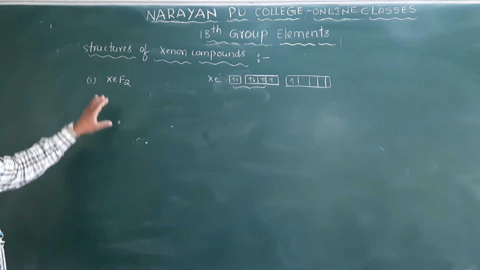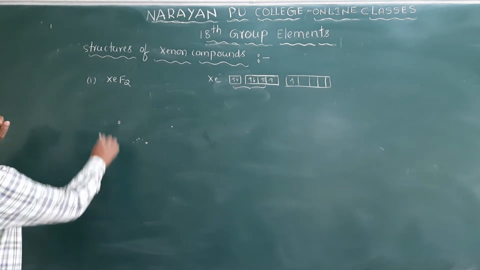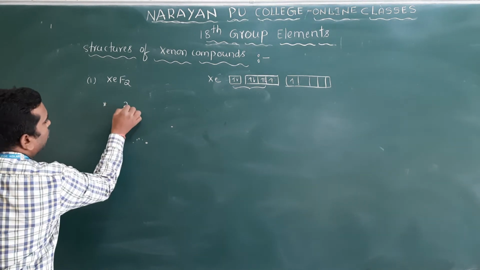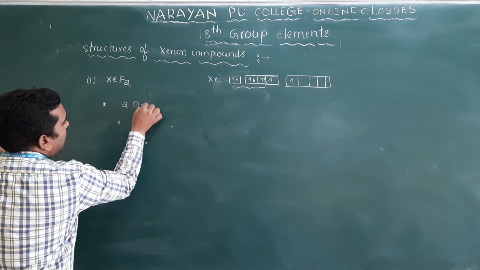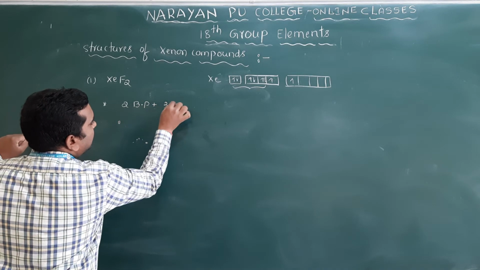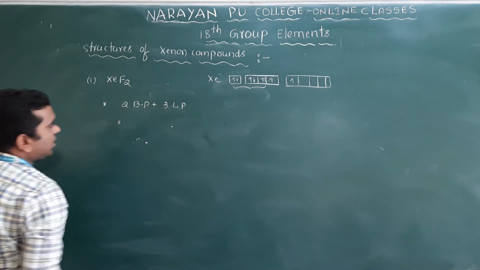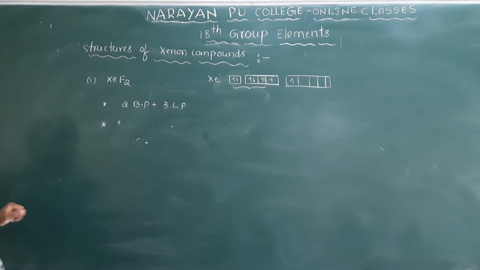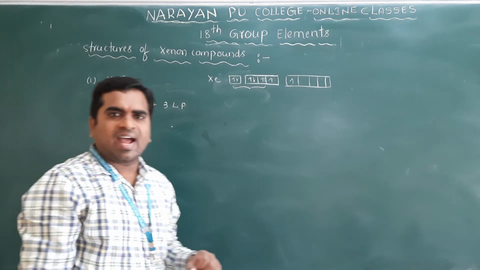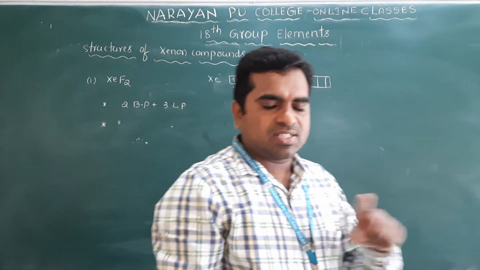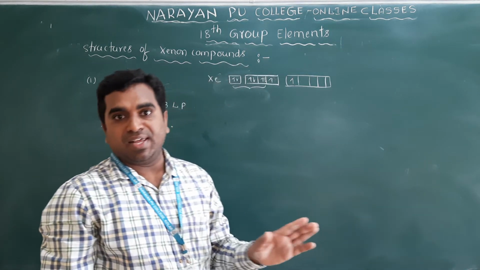For xenon difluoride, we have 2 bond pairs and 3 lone pairs. I already said, whenever lone pairs are greater than bond pairs, the shape of the molecule is linear.